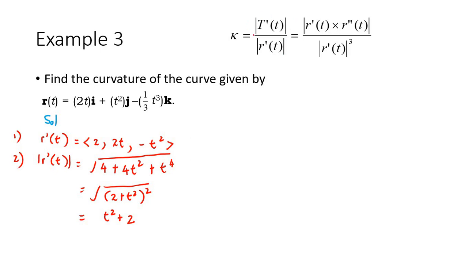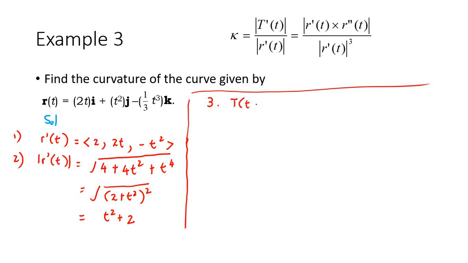Okay, to get T prime t, the unit tangent vector T is actually r prime t divided by the magnitude of r prime t.